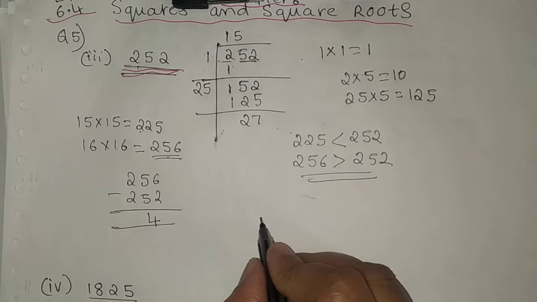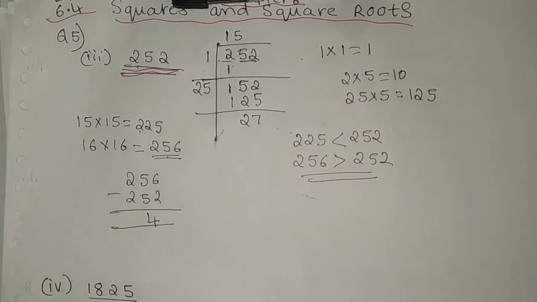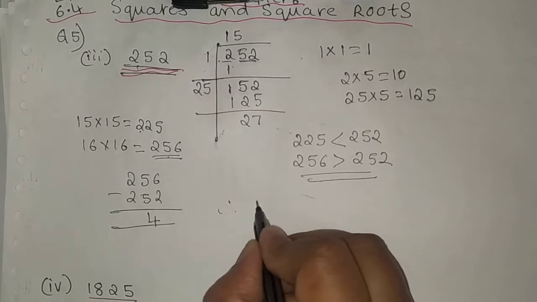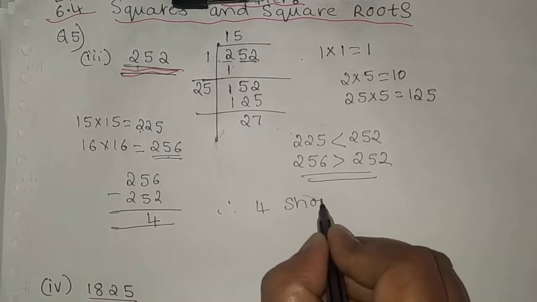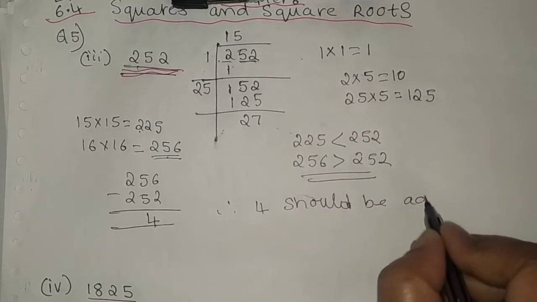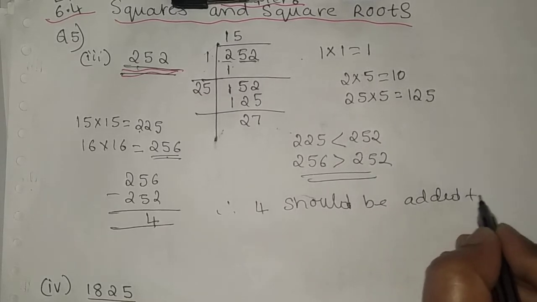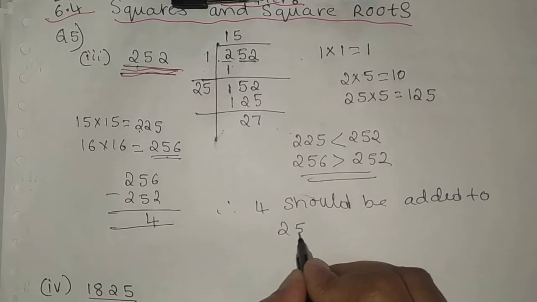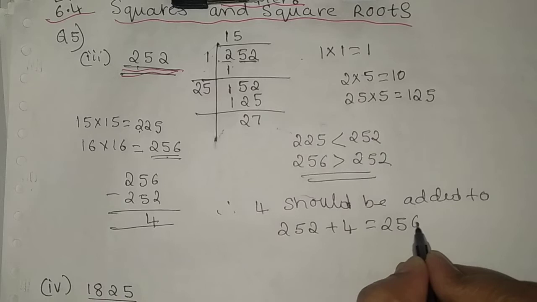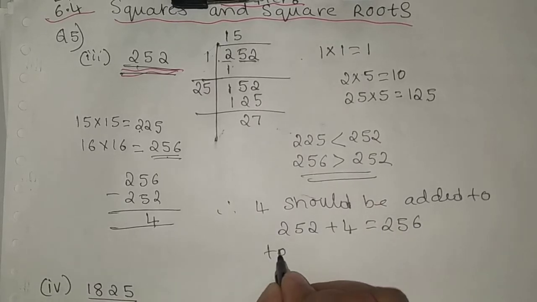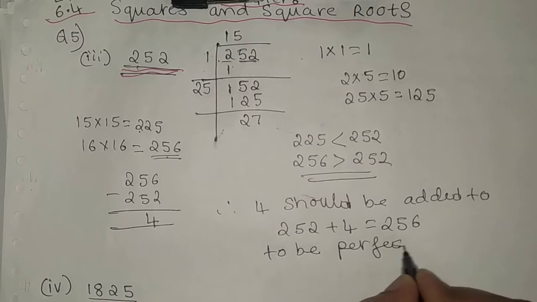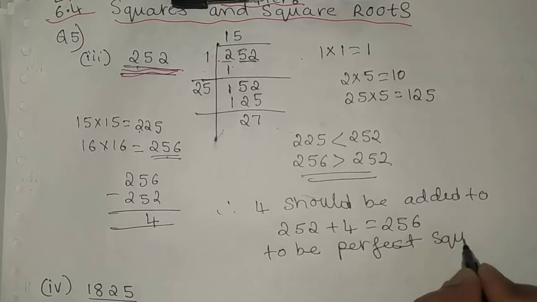So what we write, that is, how much? 4 should be added. Therefore I'll write 4 should be added to 252. 252 plus 4 is equal to 256 to be a perfect square.